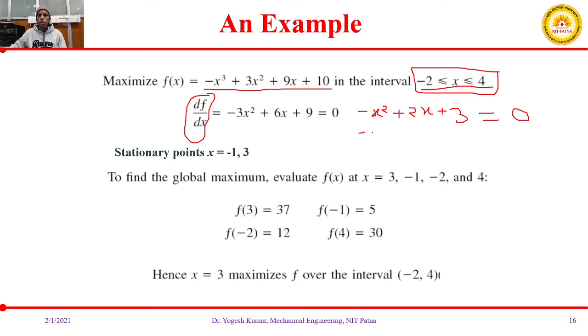You can solve it and you will get the two values of x. It is quite simple, so let me solve it here. x squared minus 3x plus x minus 3 equal to 0. I think it is quite simple, all of you can solve it easily.